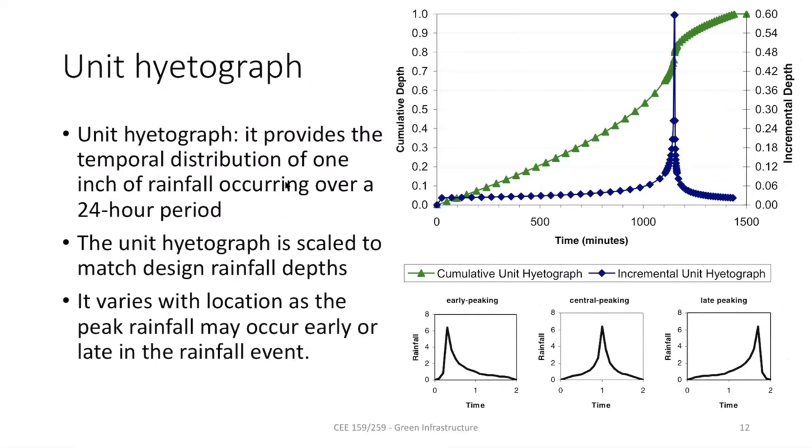It says the maximum rainfall at that location has to be 1 inch. So if you have more than 1 inch, you normalize that to 1 inch. That means you divide all your rainfall over time by the maximum intensity for that location to get the unit hydrograph.